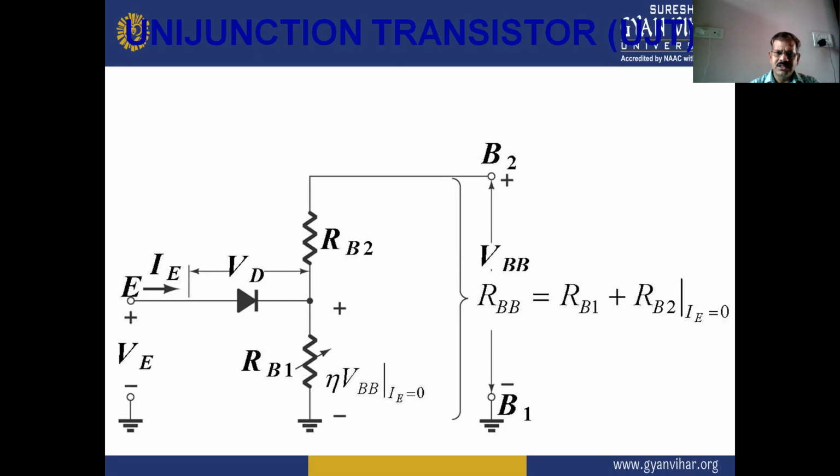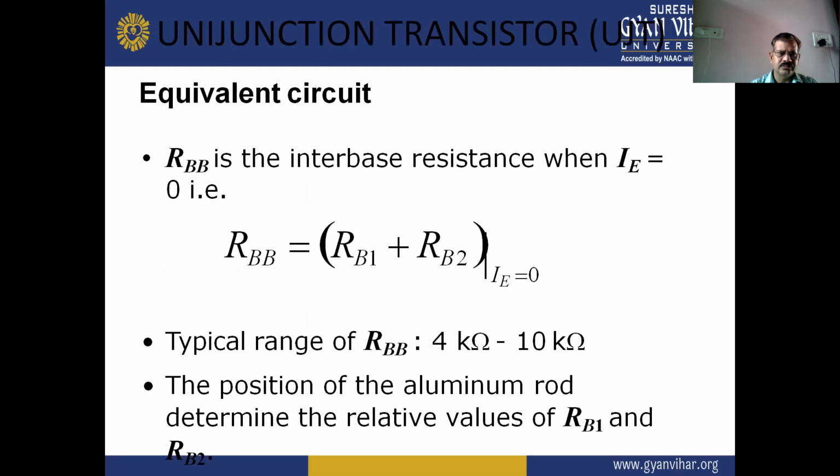The equivalent resistance across the two bases B1 and B2 will be equal to RB1 plus RB2 when the emitter current is 0. So this is the equivalent circuit diagram of the UJT. RBB is the interbase resistance when IE is 0, or RBB equals RB1 plus RB2. So this is the sum of the two resistances.